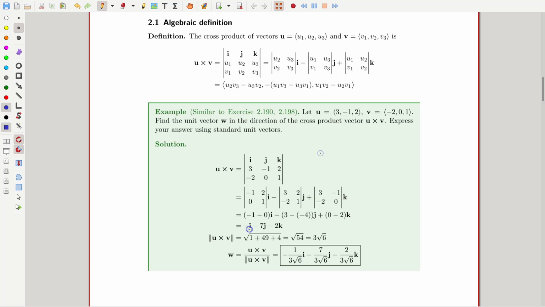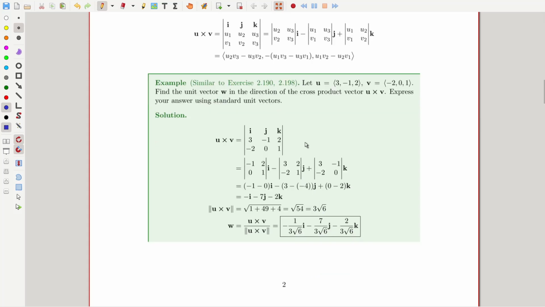You square each of the components, sum them together, and take the square root. So w is defined to be the normalization of the cross product, and just dividing each of these components by 3 radical 6, the magnitude, we end up with the answer.